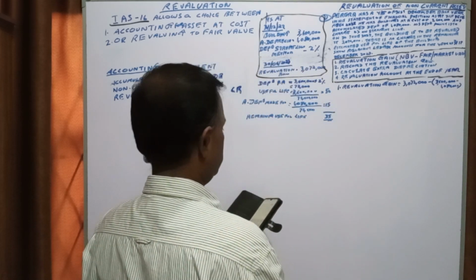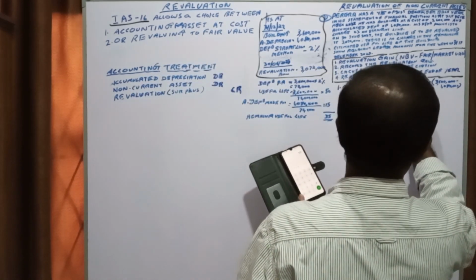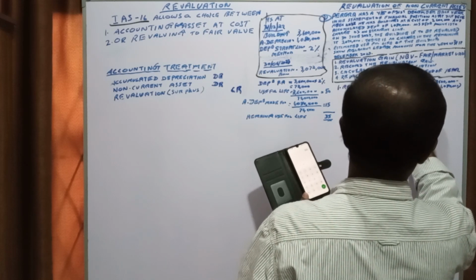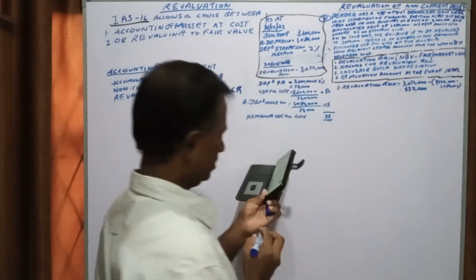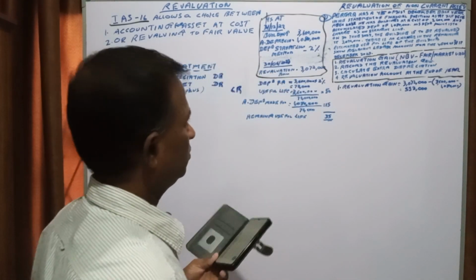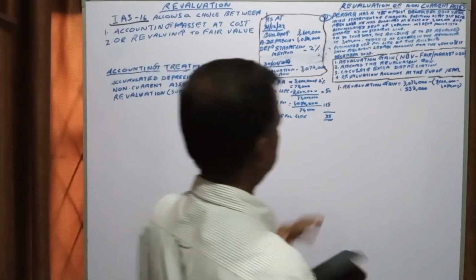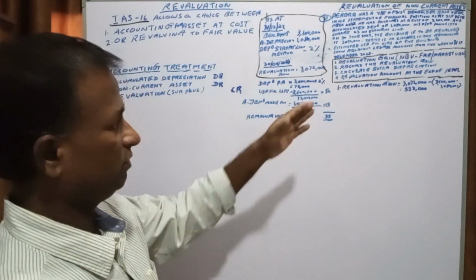Revaluation surplus of 552,000. That is, 552,000 is the revaluation surplus gain. Revaluation gain is 552,000. That is the revaluation gain. Okay, this is the revaluation gain.